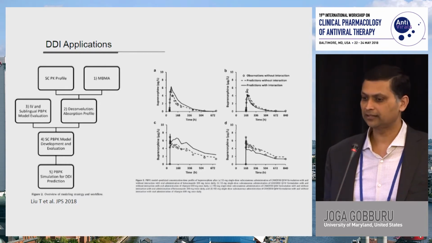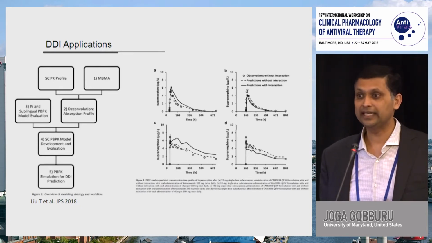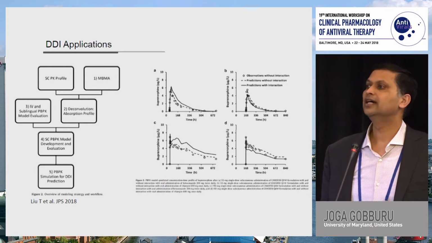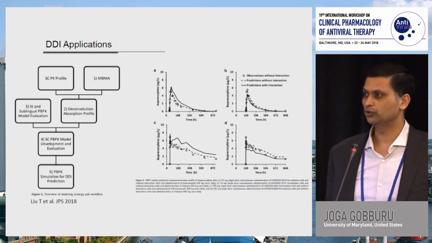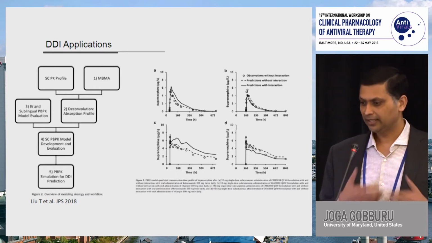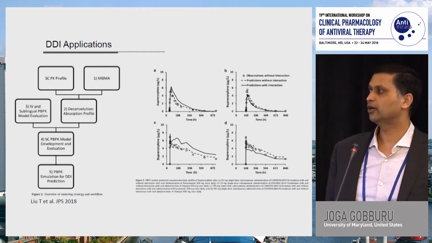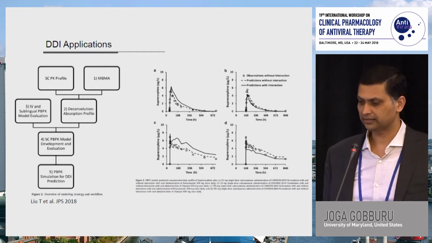Now, there are subcutaneous formulations that are coming up, which are long-acting. So you don't have to dose every day, because in these patients, dosing adherence to buprenorphine is a challenge. So by having monthly injections or so on could improve the clinical outcomes through better adherence.